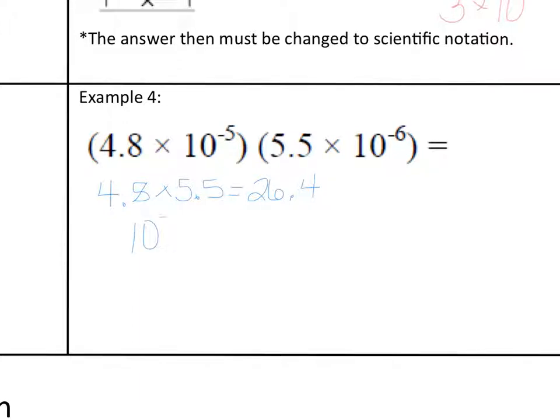And 10 to the negative 5th plus negative 6th is going to equal 10 to the negative 11th. 26.4 is not in scientific notation, so we need to move it once to the left to get 2.64. And then we need to add one more to our exponent, giving us times 10 to the negative 10th.